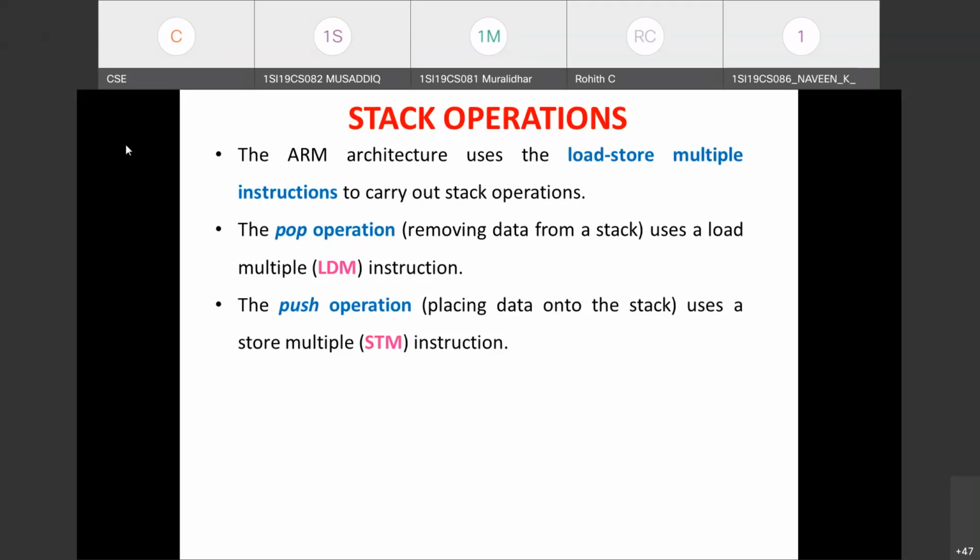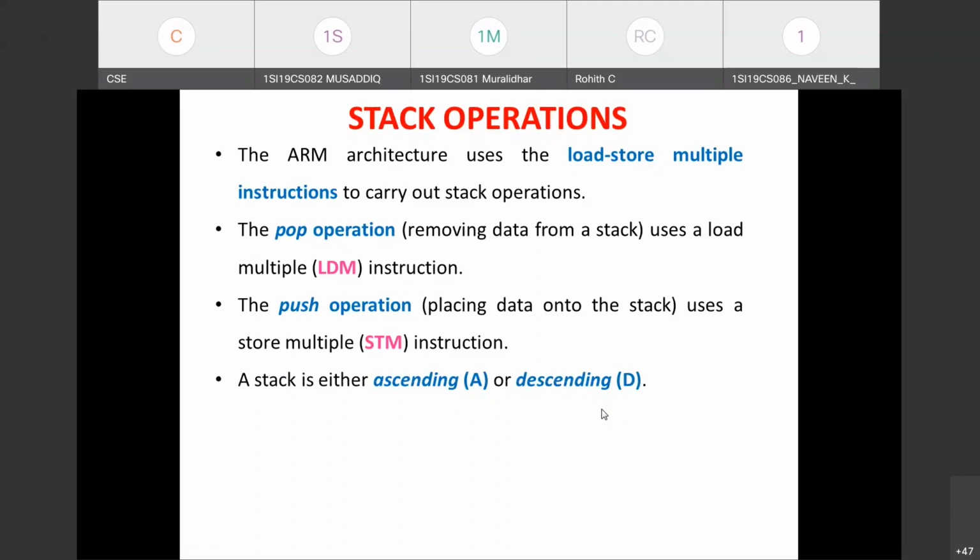After that, we'll be discussing addressing modes to perform stack operations, right? So stack can be either ascending or descending. For indicating that in the addressing mode, we'll be using these letters. A indicates it is ascending stack. D indicates it is descending stack. Stack can be either ascending or descending. So what do you mean by ascending stack, and what do you mean by descending stack?